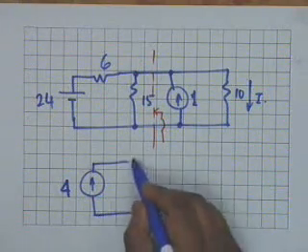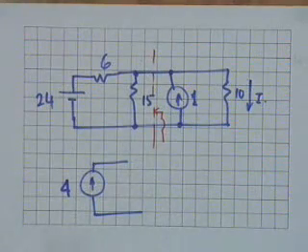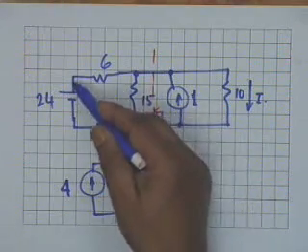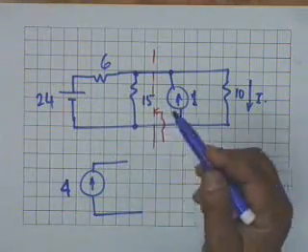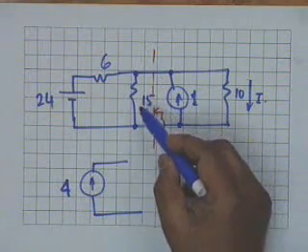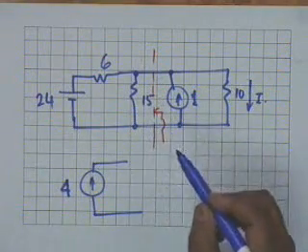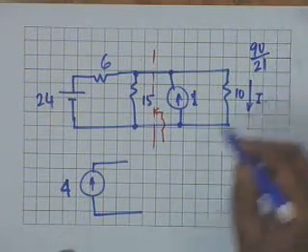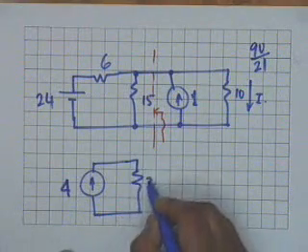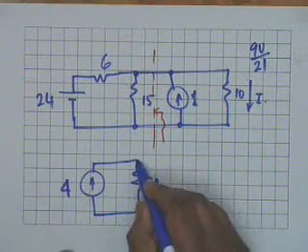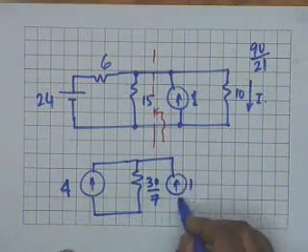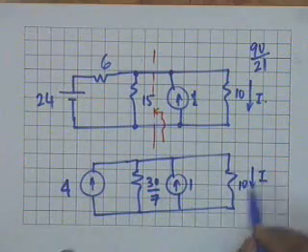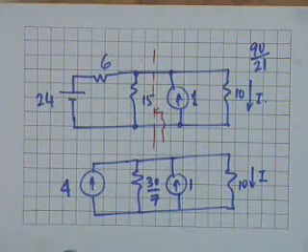Then the equivalent resistance, the Thevenin resistance or the Norton resistance, shall be the resistance looking back with the 24 volt source short circuited, which means a parallel combination of 15 and 6 ohms. That means 15 times 6, that is 90, divided by 21, which is 30 by 7. So 30 by 7 ohms, and then you have the 1 ampere current source and the 10 ohm resistance. This is the current that I wish to find out.